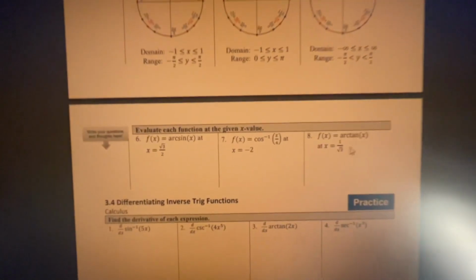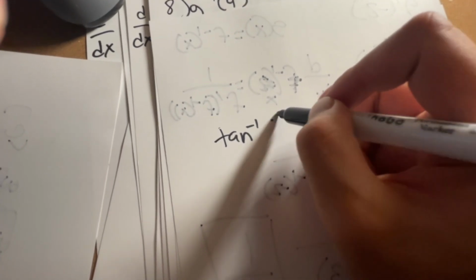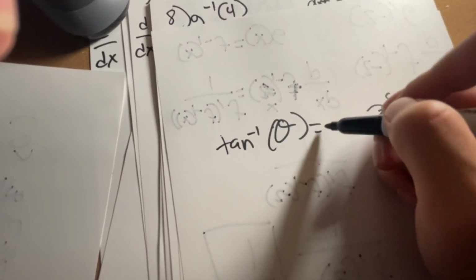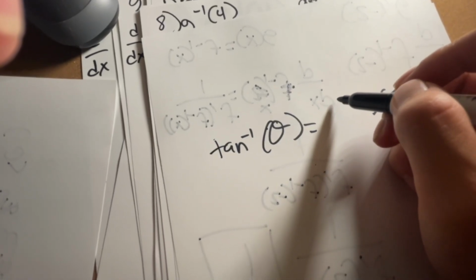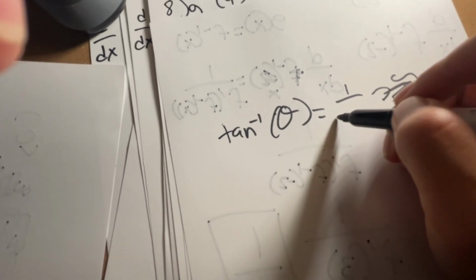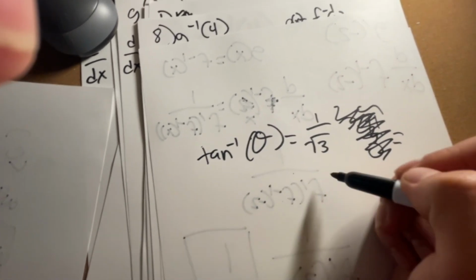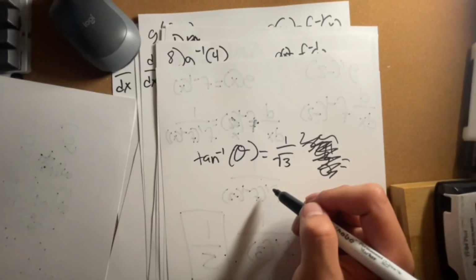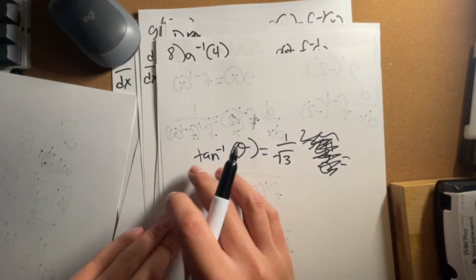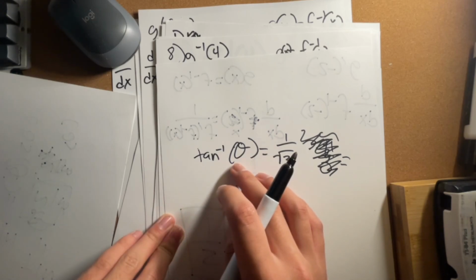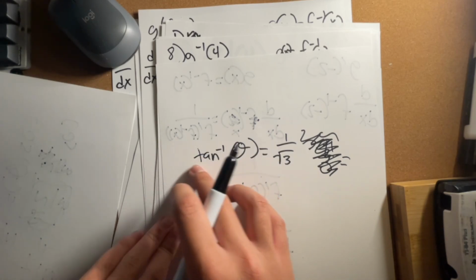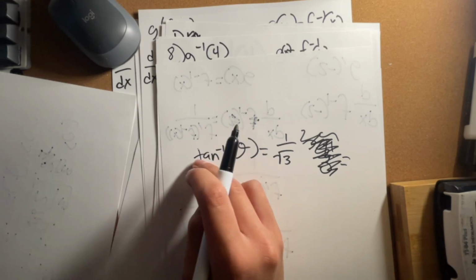And then for arctan, let's write it down. Tan inverse is equal to 1 over square root of 3. If this is kind of hard for you, you can split it up, because most likely you don't remember the tans. You know what tan is?